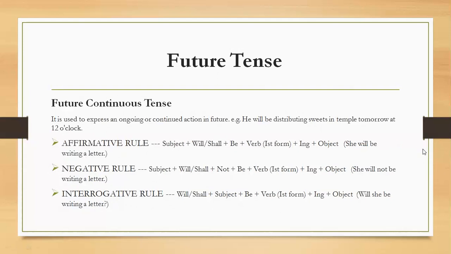Now let us know what future continuous tense is. It is an action in the future that is longer in duration than another action in the future. For example, he will be walking when it starts to rain.